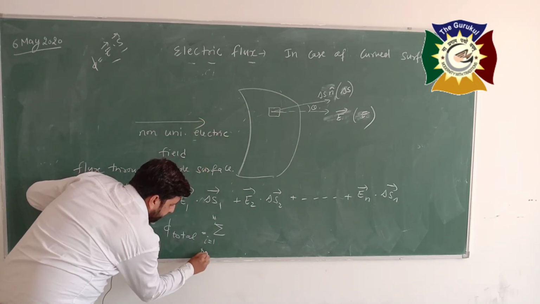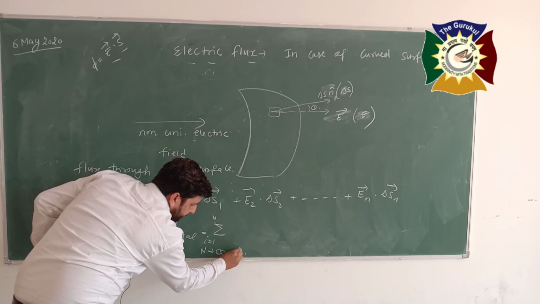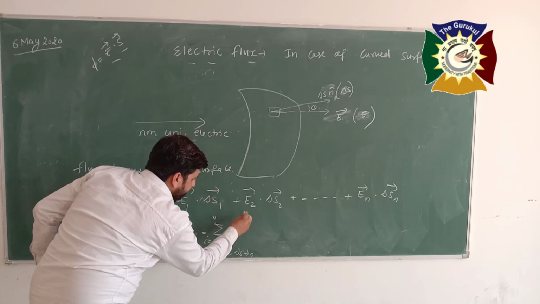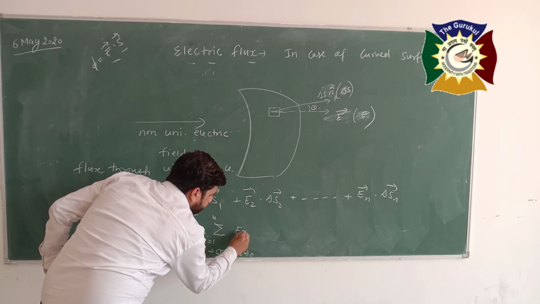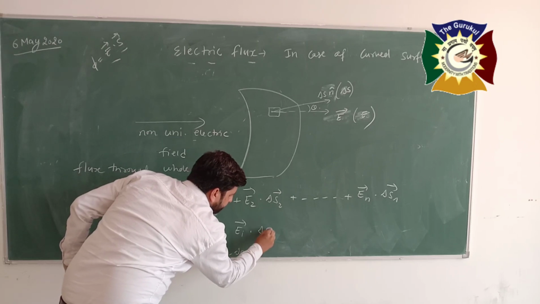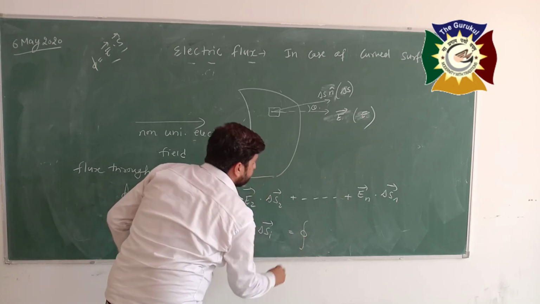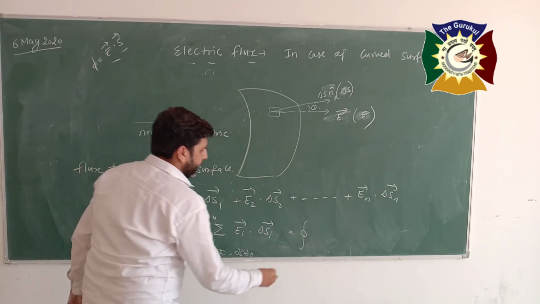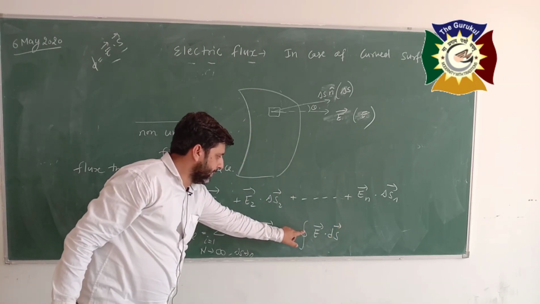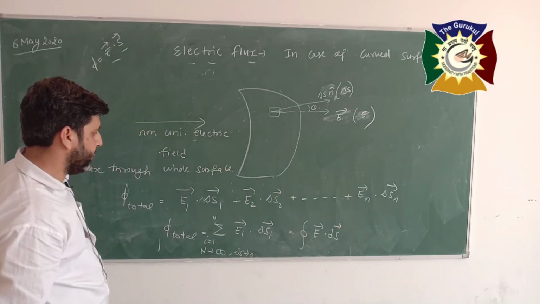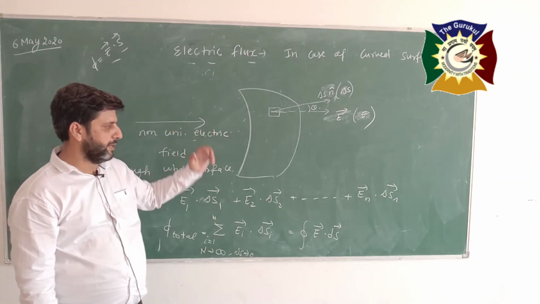So you have to write n approaches infinity and delta S approaches 0, then it will be, listen, sum of E i dot delta S i vector, and it can be written as an integration. If the surface is closed and continuous then it can be written as E dot ds, and a circle is written here for a closed surface. Okay, so this is the value of the total flux through this surface.